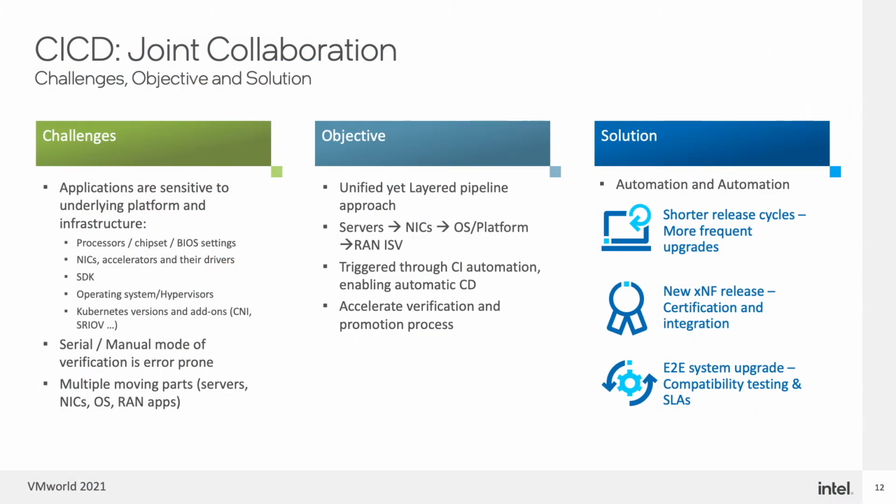This is where we are addressing both Intel and VMware together to build a common pipeline, providing a common CI/CD where all these specific components like processors, BIOS settings, NIC drivers, and the newer FlexRAN versions could be brought together in an integrated fashion.